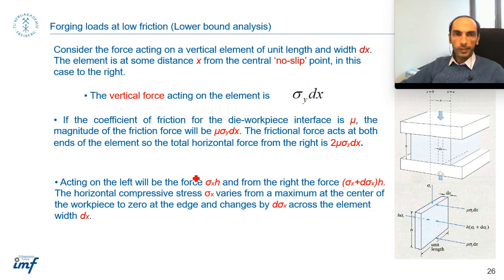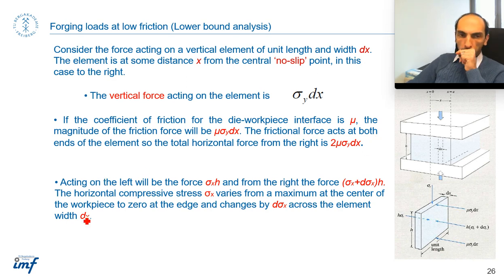Let's see. So you have a vertical force. How you can calculate the vertical force? Simply by multiplying the sigma y to dx, and then for calculating the frictional load, you need the mu or Coulomb friction coefficient. So simply you can calculate the friction component here, and because you have these two sides, you multiply it by 2.